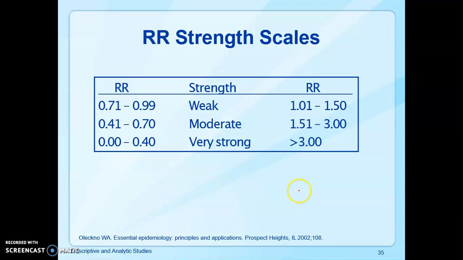According sa kuan, if RR is equals to 1, meaning there is no association between your exposed and unexposed. So, wala silay significant difference. So, we accept the null hypothesis.